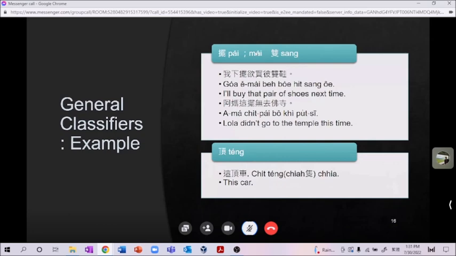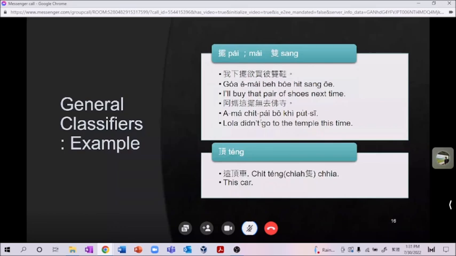Next we have pai and mai and sang. Qua e mai be boy hisang oi. I'll buy that pair of shoes next time. Or ama jipai bo ki put si.